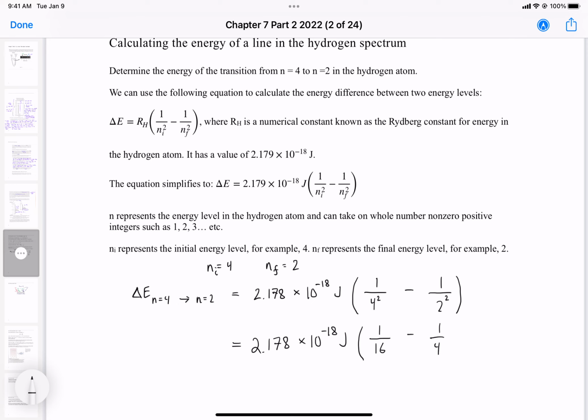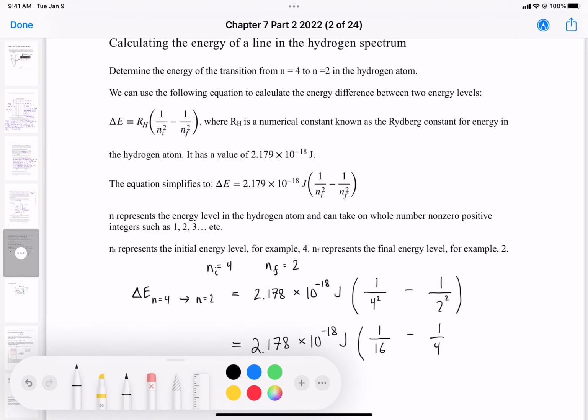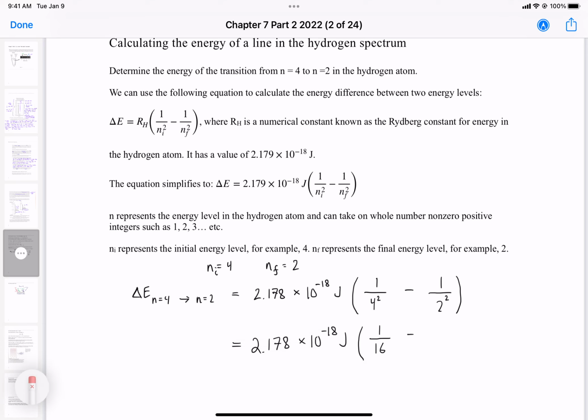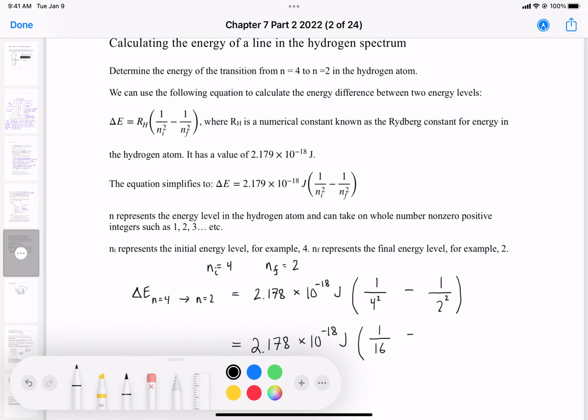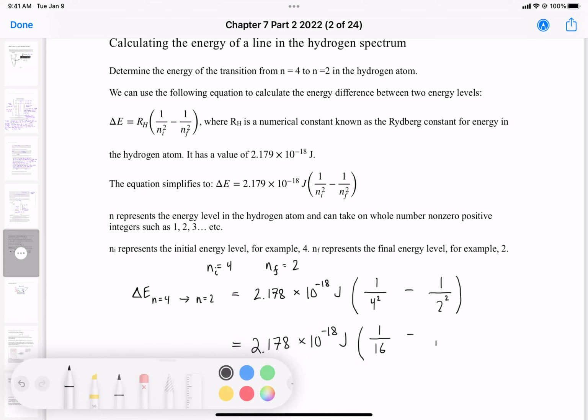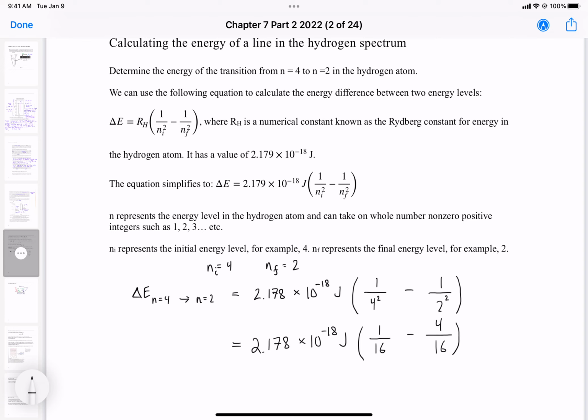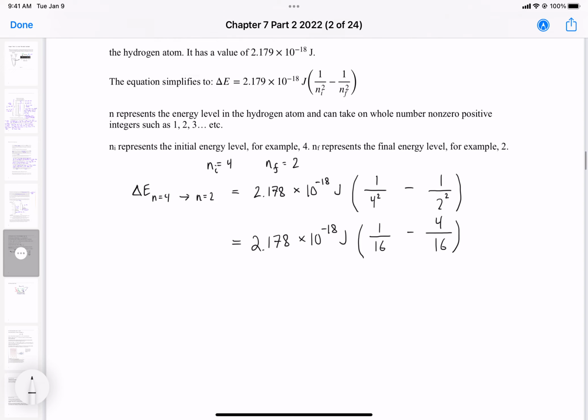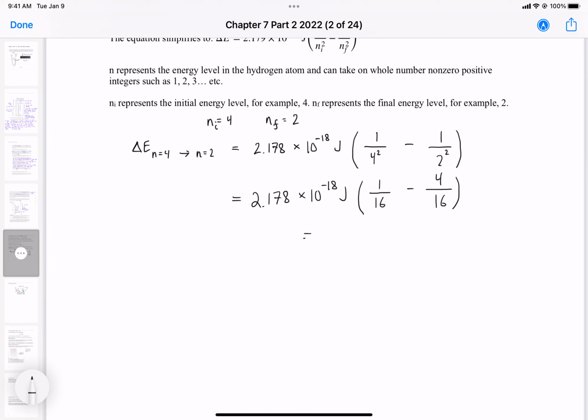To make things easier, let's change 1 over 4 into an equivalent fraction where 16 is our denominator. Multiplying both the top and bottom by 4, that will be 4/16. When we do that, we get a final answer of negative 4.086 times 10 to the negative 19 joules.